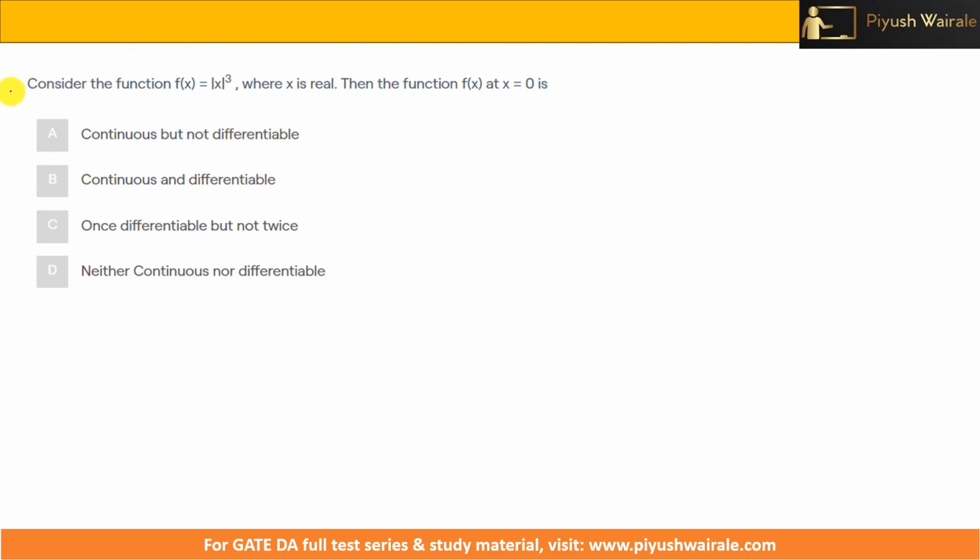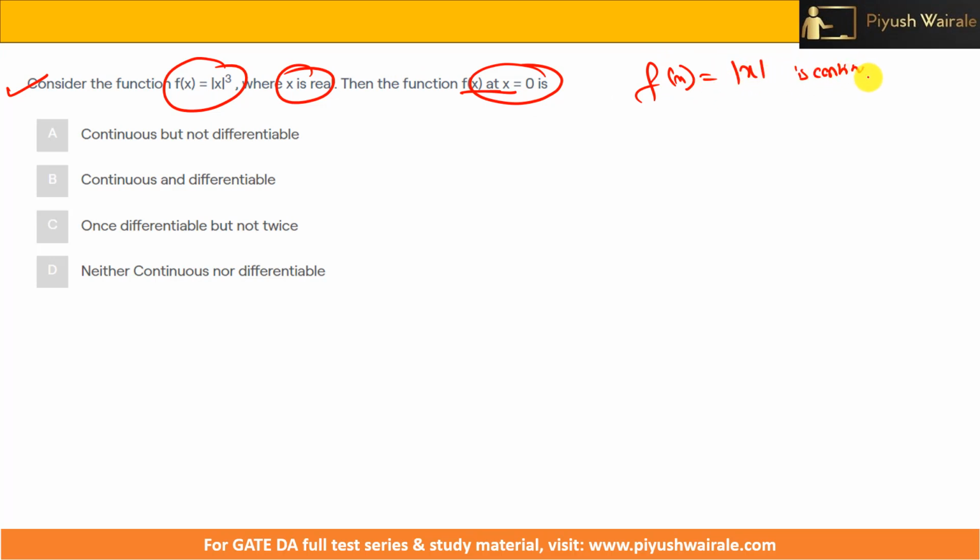Now what about this particular question? So the function mod of x cube, right? Where x is a real function, f of x at x equals 0 is... So same thing, you can directly take, as we know that f of x equals mod x is continuous but not differentiable at x equals 0, right?